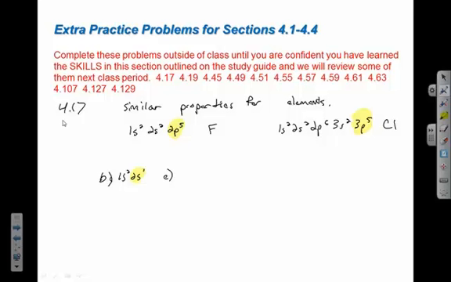And when I look at E, it has 1s2, 2s2, 2p6, 3s2, 3p6, 4s1. So in this situation, B is lithium and E is potassium.